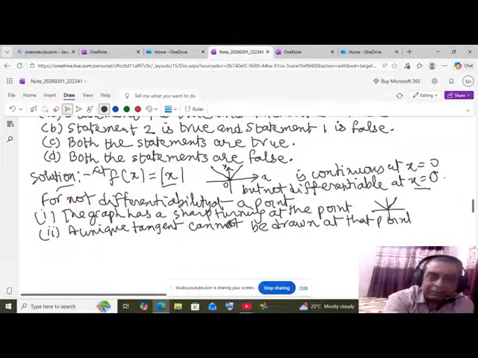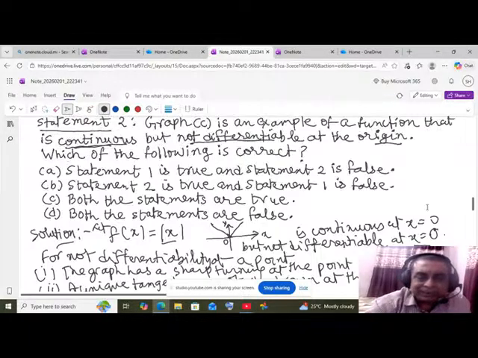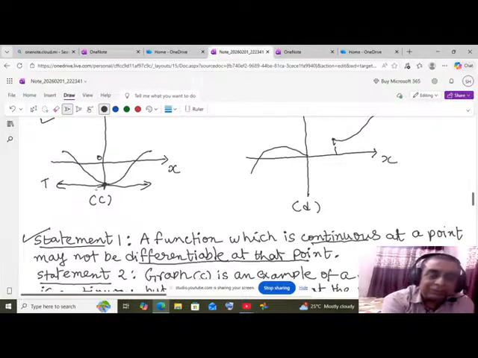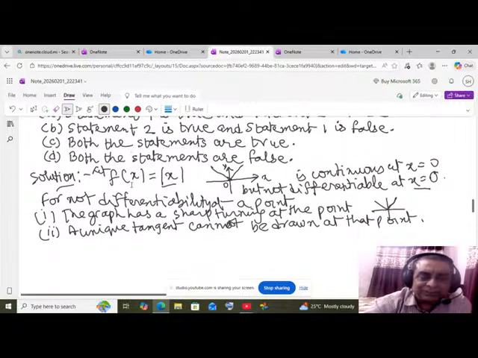Here, in the given case, a unique tangent can be drawn to the graph, so it is not satisfying that condition. A unique tangent cannot be drawn at a turning point, but here it can be drawn, so that condition is not satisfied.